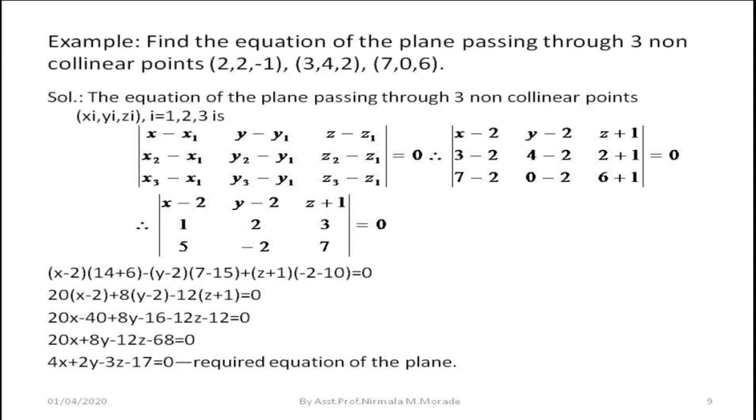Then write the equation of the plane passing through the non-collinear points as the determinant of the matrix whose first row is x minus x1, y minus y1, z minus z1, second row x2 minus x1, y2 minus y1, z2 minus z1, and third row is x3 minus x1, y3 minus y1, z3 minus z1, equals 0. So put all the values in this equation. Solving this determinant, we will get the required equation of the plane.